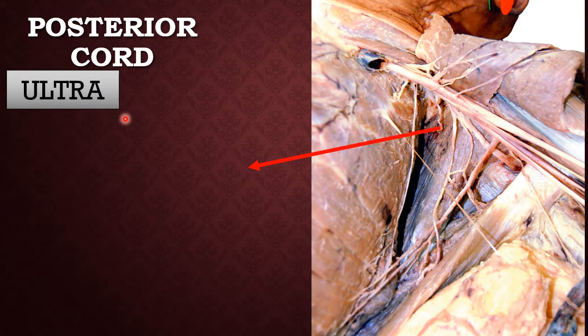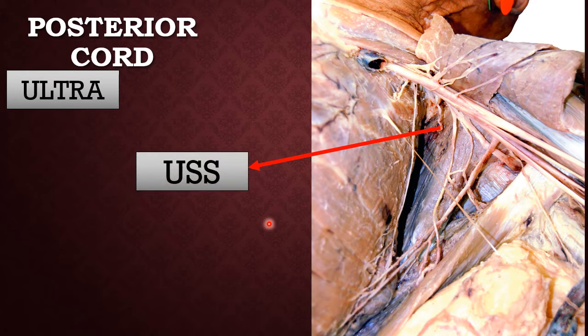So the first and foremost nerves are the upper subscapular and the lower subscapular. These are coming from the posterior cord of the brachial plexus. They are running down and then posteriorly, and they supply the subscapularis muscle. The upper subscapular nerve supplies the upper part of subscapularis, and then the lower subscapular.